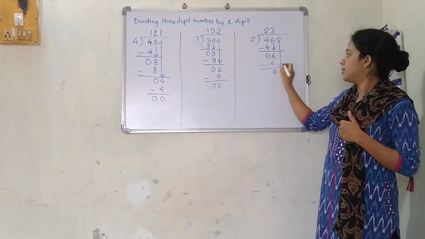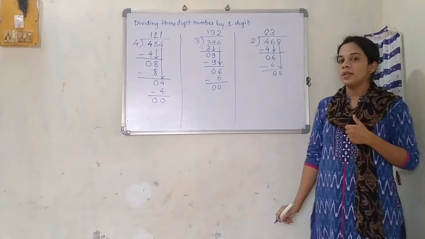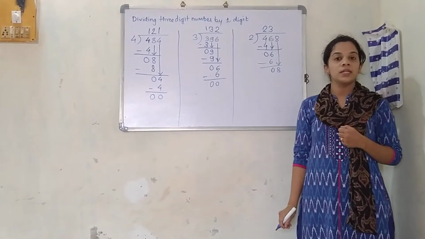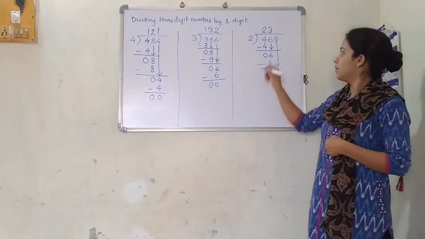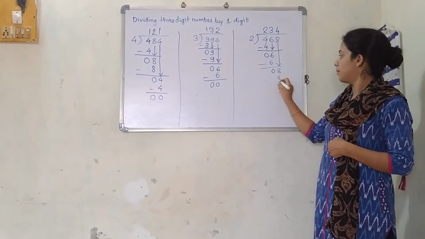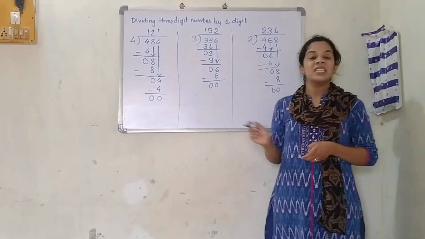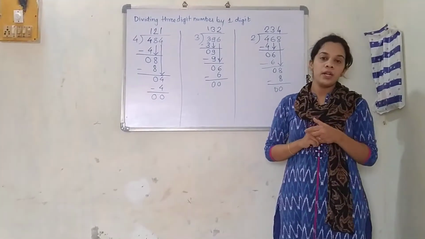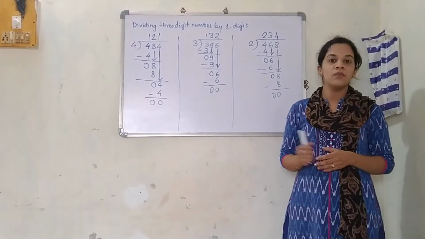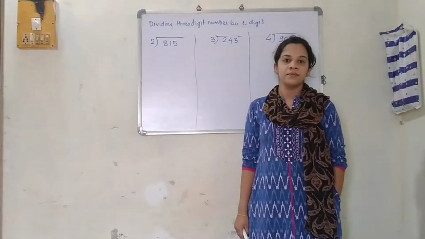And I am going to take this 8 down. 2 ones are 2, 2 twos are 4, 2 threes are 6, 2 fours are 8. So you got the answer, that is 234. This is the division of a 3-digit number by a single digit number. We will see the next part.